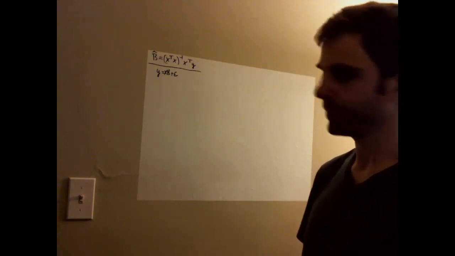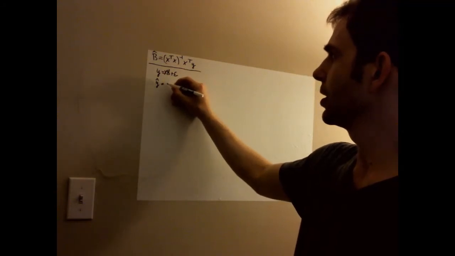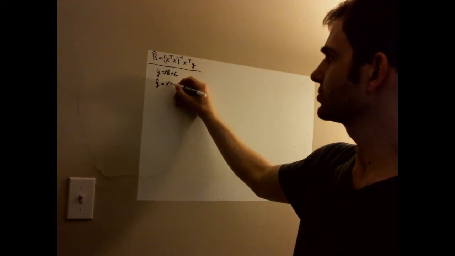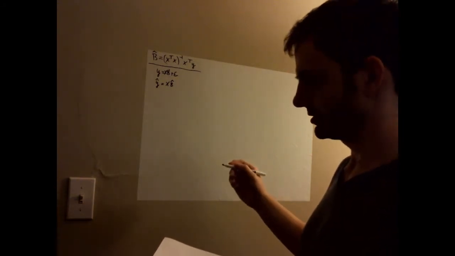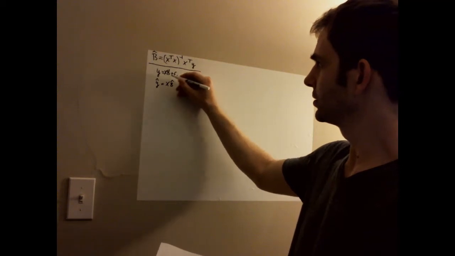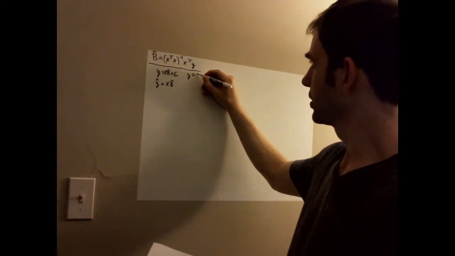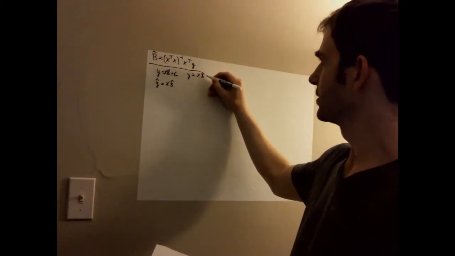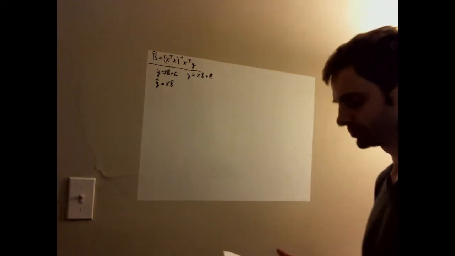Then we have that y hat is equal to X times beta hat, and we have that y, not y hat, is also equal to X times beta hat plus some error term, which is our vector of errors.